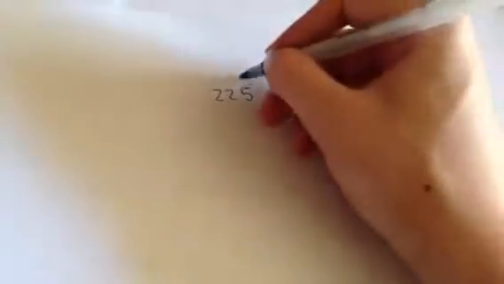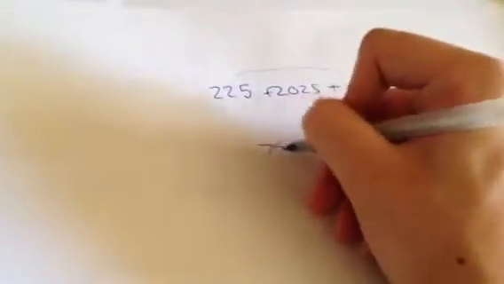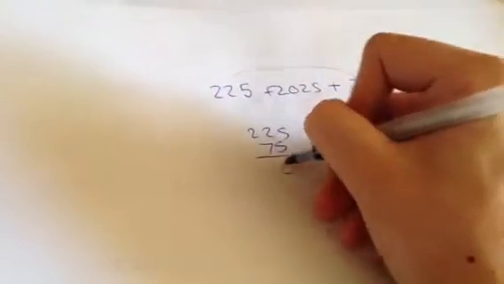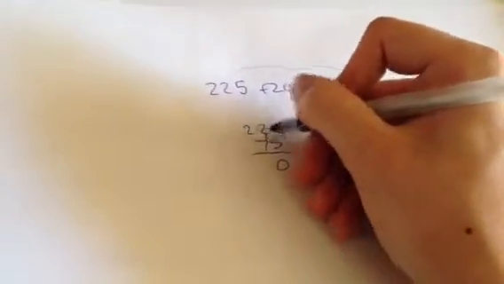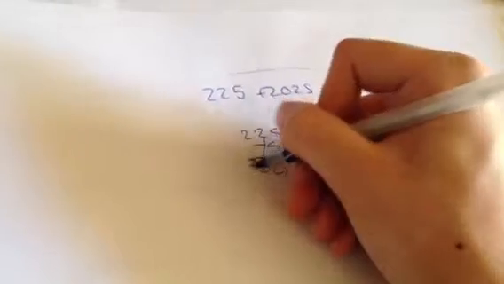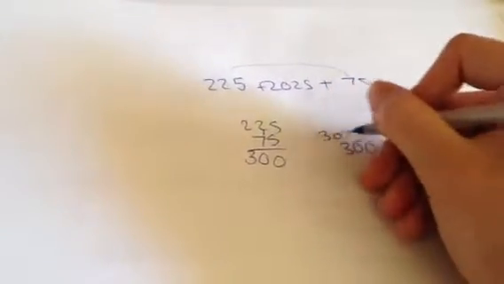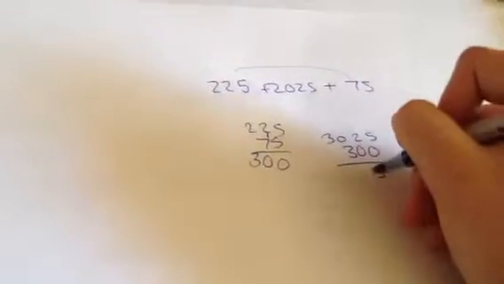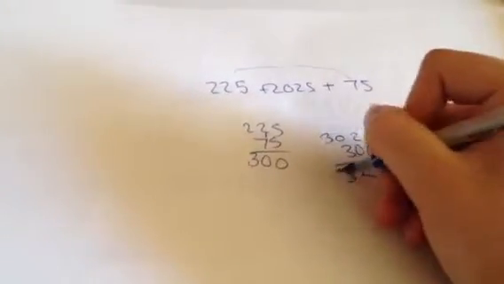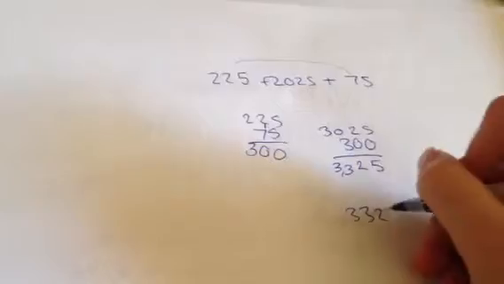So now it's just a matter of adding it all up. So we had 225 plus 2025 plus the 75 that we just calculated. As we can see here, 75 plus 225 is going to be 300, and then we have 300 plus 3025, and we're able to get 3,325.